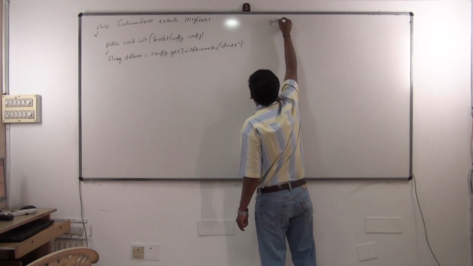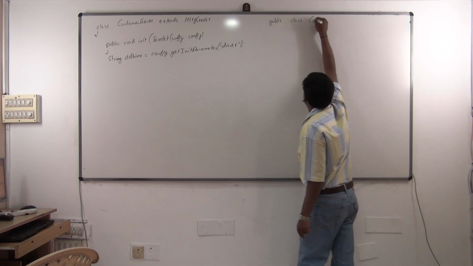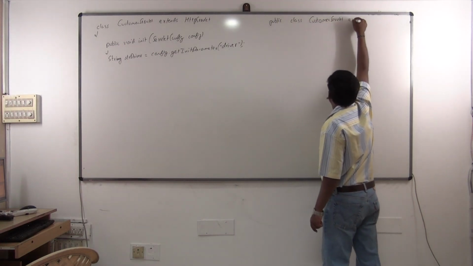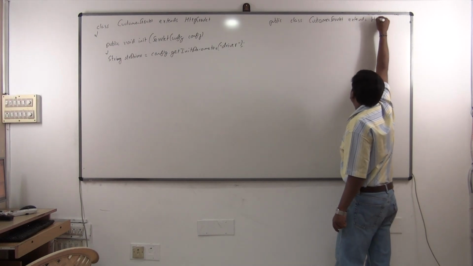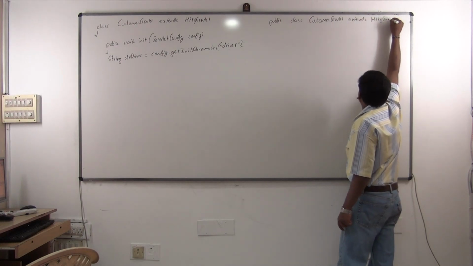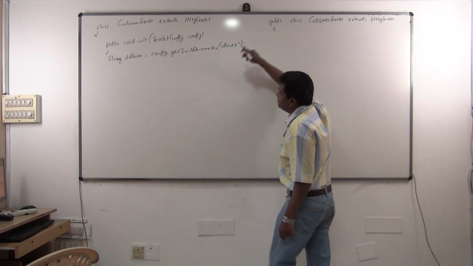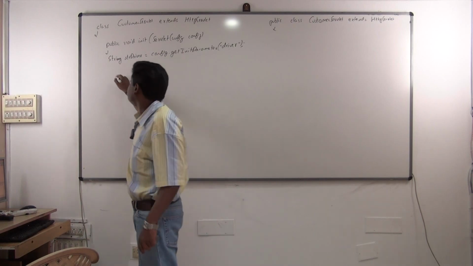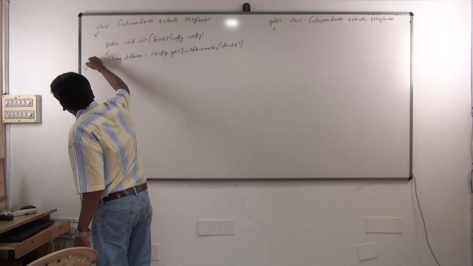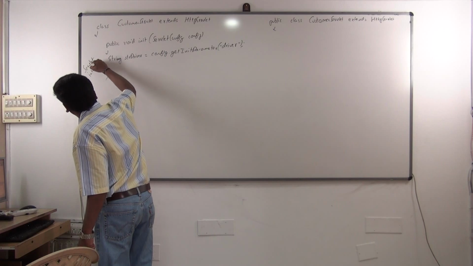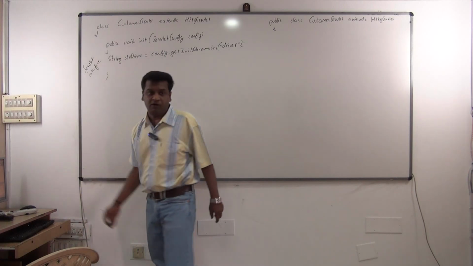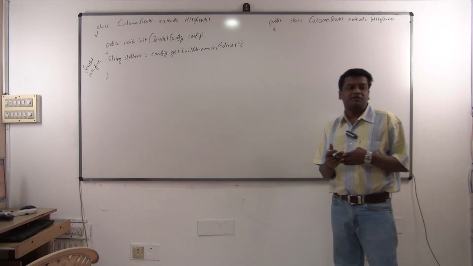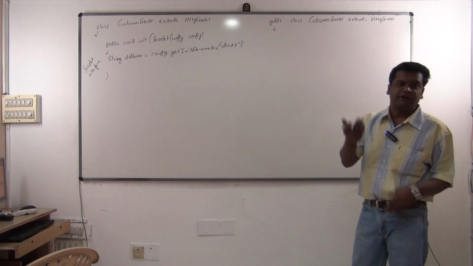Now let's look into the other init method. Public class CustomerServlet extends HttpServlet. There is one more init method. This init method is there in the Servlet interface; the signature of this method is present in the Servlet interface, which our classes implement, correct? HttpServlet extends GenericServlet, which implements Servlet.